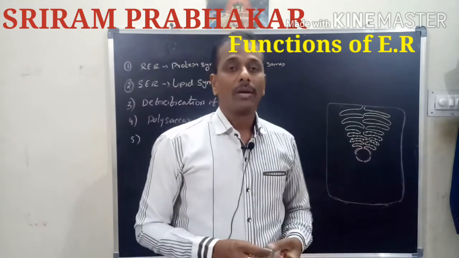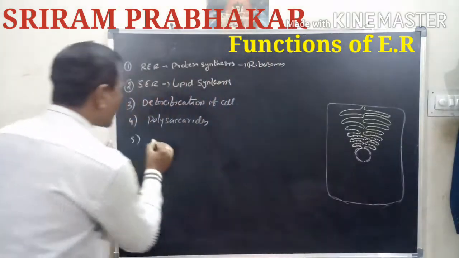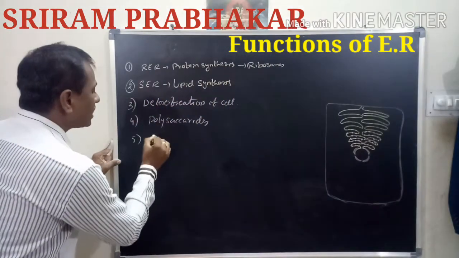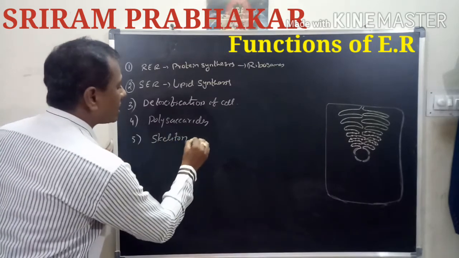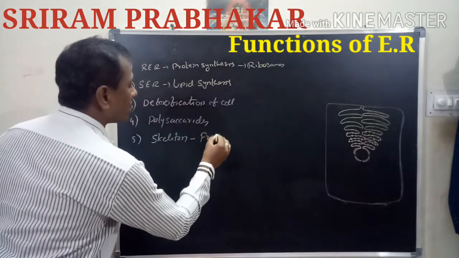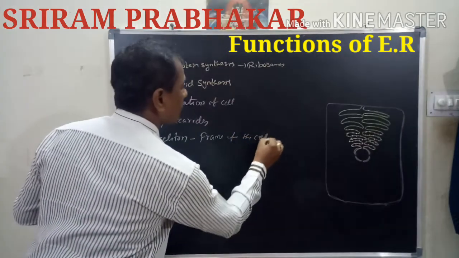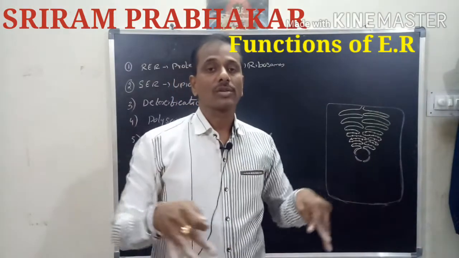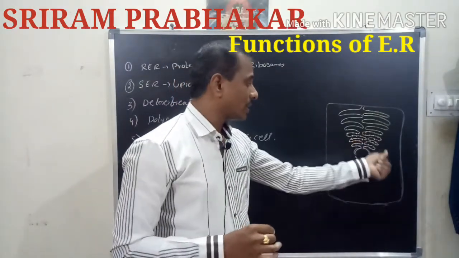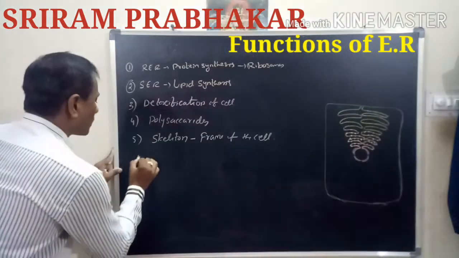It gives mechanical strength to the cells. It forms the skeleton. It gives a frame to the cell. It forms a frame-like structure in the cytoplasm and gives mechanical support to the cell.